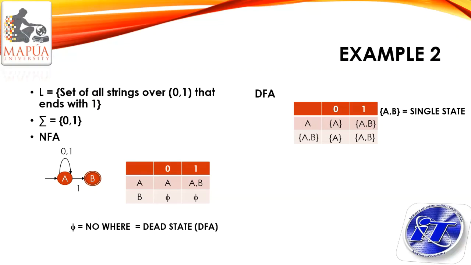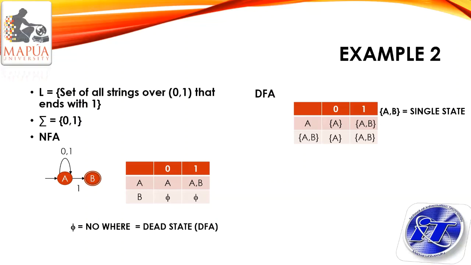Again, B is not included in the DFA because there's no path to it, so there's no need to include it anymore. Therefore, the states in our DFA will be A and AB only.